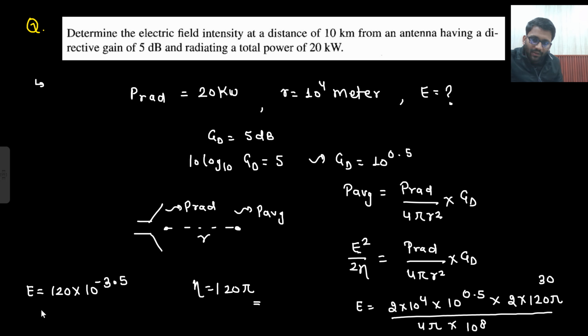Right? So what I can write down is 120 into 10 to the power minus 0.5 into 10 to the power minus 3.